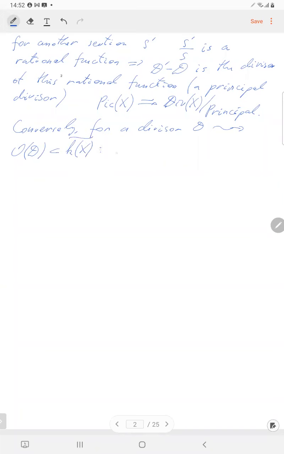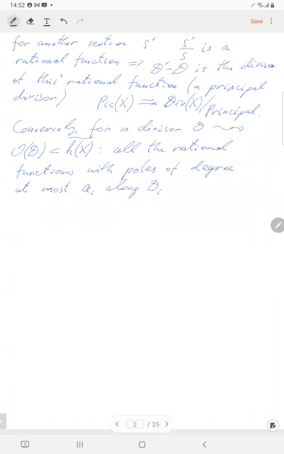So these are all the rational functions with poles of degree at most ai along Di.